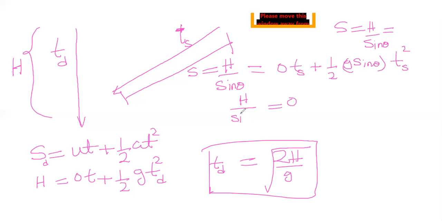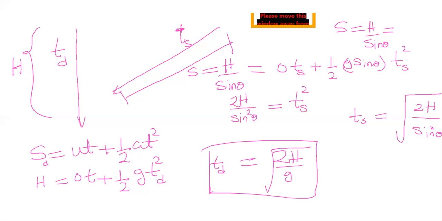2H by sin square theta. Very good. 2H by sin square theta is equal to, 0 plus 0 is anyway not to be written. So what you are going to get here is only T. Root 2H by G sin theta. I will write it, Ts square. So what will Ts be? Root over 2H by sin square theta.